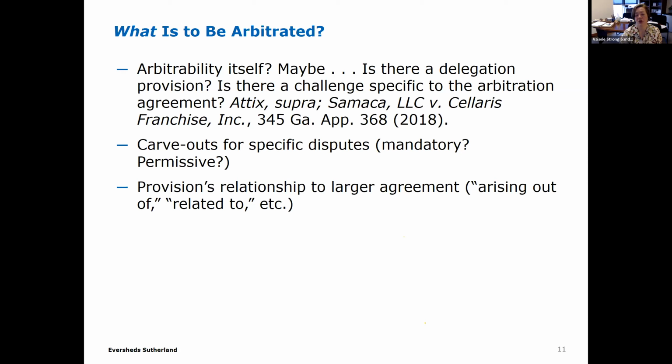Well, what if the agreement says we're going to arbitrate disputes about the terms of my employment? That's sounding yet more arguable. So look at all of that when you're either trying to get into arbitration or trying to stay out of it and say, hey, this isn't within what we agreed. Because again, it's going to be about what did you agree to?